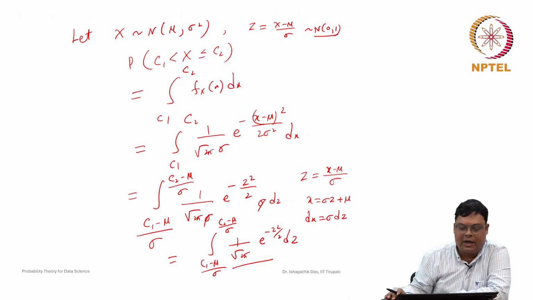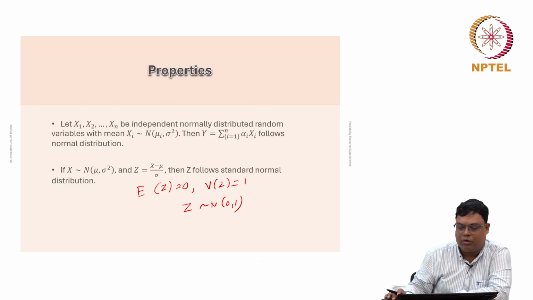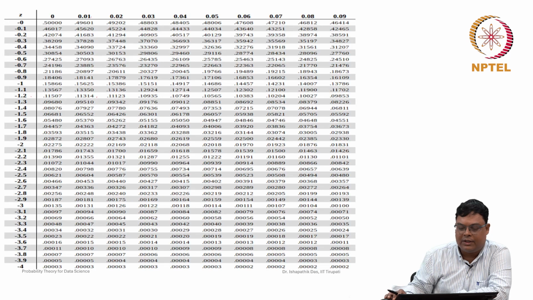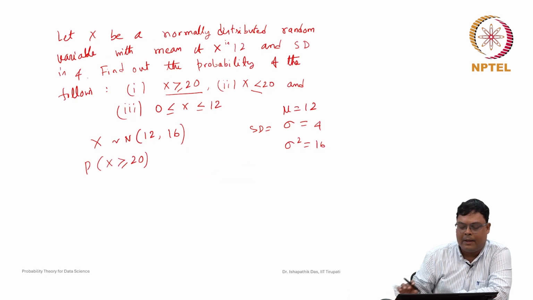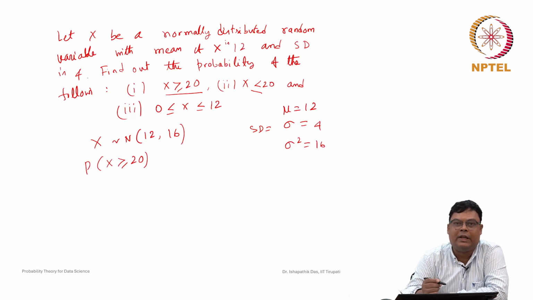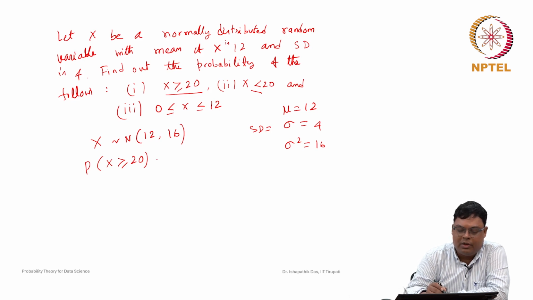Earlier also we discussed that to find any probability, we take a transformation such that it is in terms of the standard normal variate, so that we can use the table and find the probability, because we cannot do this integration easily. You need a numerical approach and computational technique to do the integration.